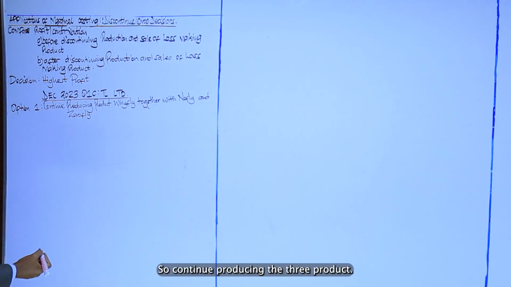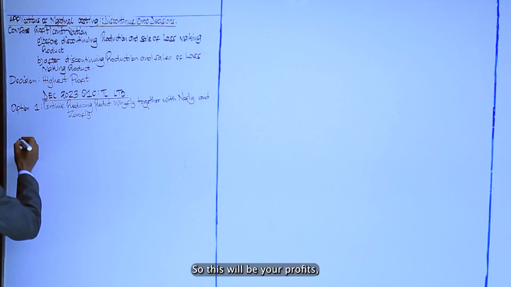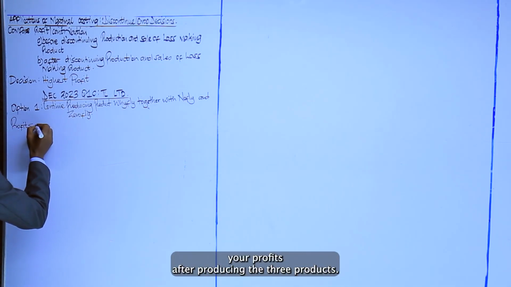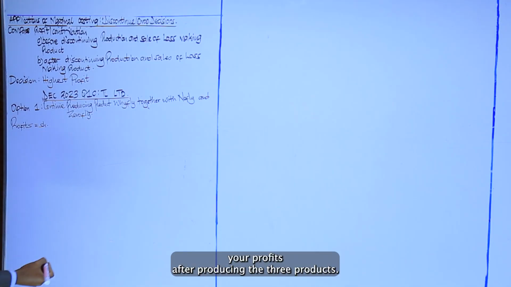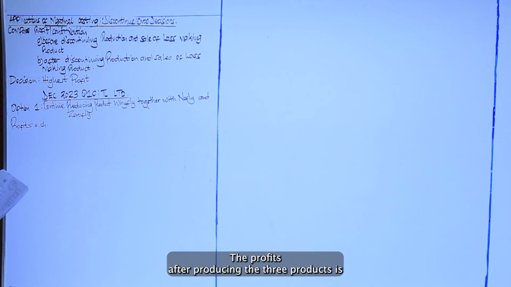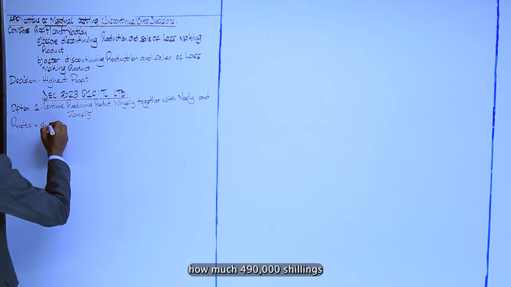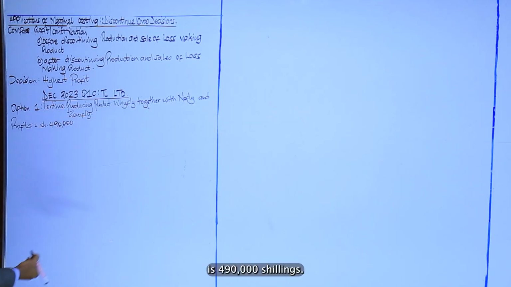So continue producing the 3 products. So this will be your profits. The profits after producing the 3 products is how much? 490,000 shillings.